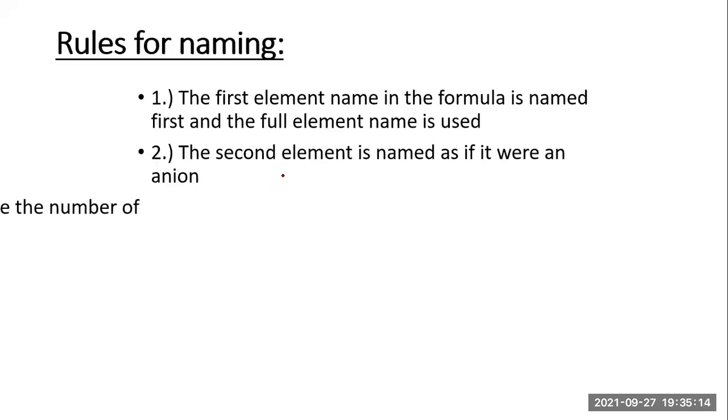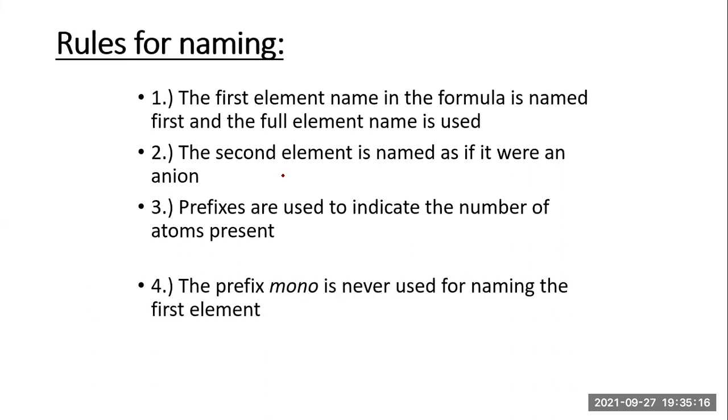So we go about naming these guys like this. The first element in the formula, you use the whole name of the first element. The second element in the formula gets the non-metal treatment with IDE. And now, we use the appropriate prefix with the whole name, and we use the appropriate prefix with the non-metal part.